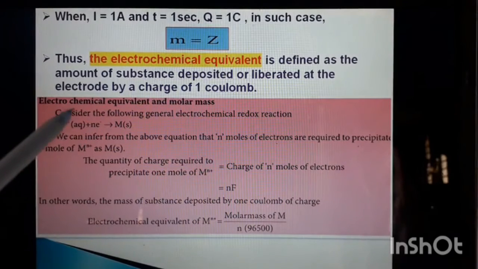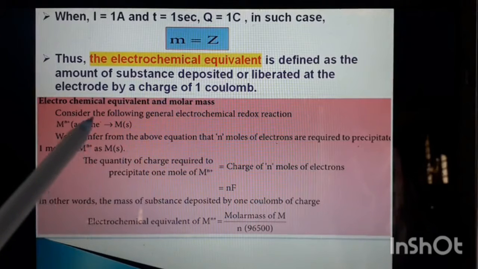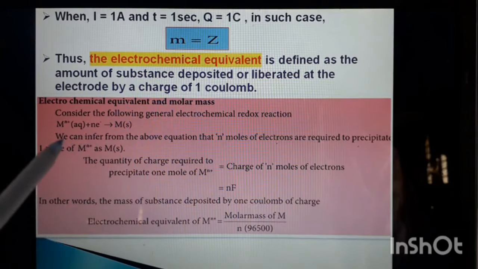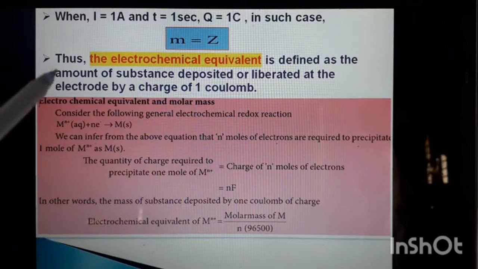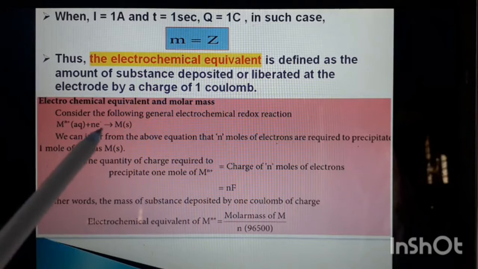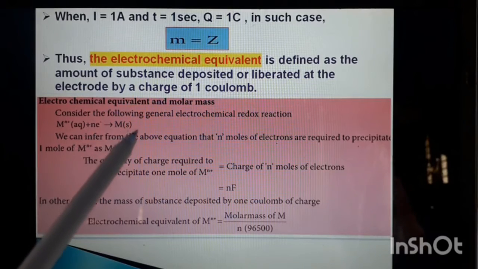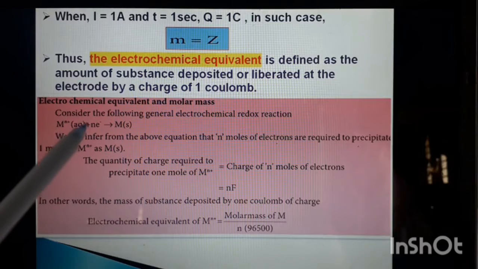Next, electrochemical equivalent and molar mass. The relation between electrochemical equivalent and molar mass. M n+ ion in aqueous solution plus n e minus, the number of electrons gained, gives metal M solid. This is the general redox equation.